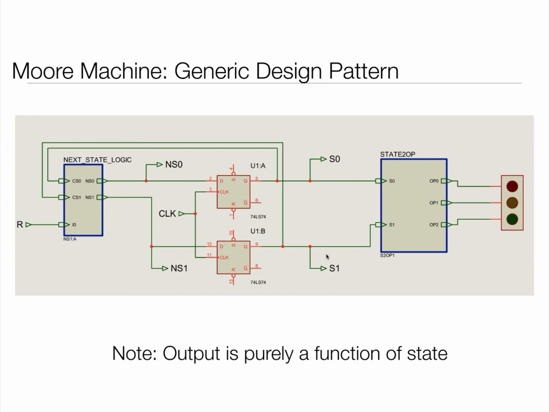Now that's really important to remember with a Moore machine. Okay, this is what you've seen already. The next state is determined by where we are, which state we're in, and the inputs. In this case, there's only one input. So critical, the output's purely a function of state for a Moore machine.